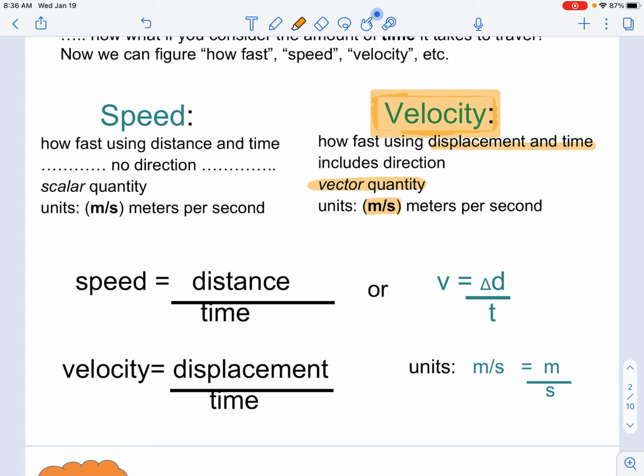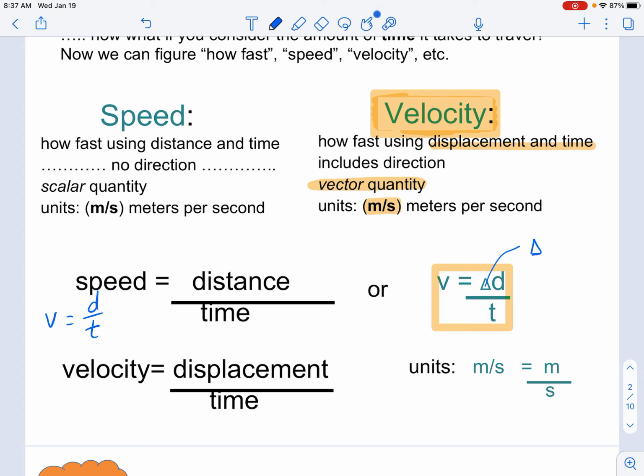If we look at our formula here, we have v is equal to delta d over t as our equation. So when we originally defined what our speed was, we said speed was going to be v equals d over t, where the speed was the v, the d was the distance, and the t was the time. If we look at today's equation, it's very similar. The only difference is that now we are telling you that your numerator should have a delta in front of the d.